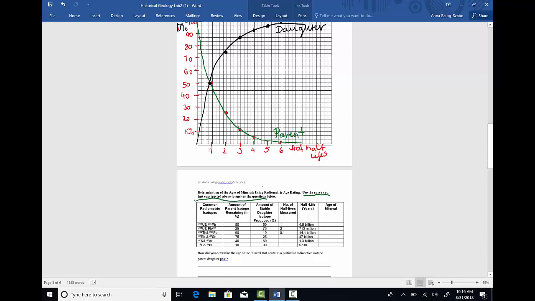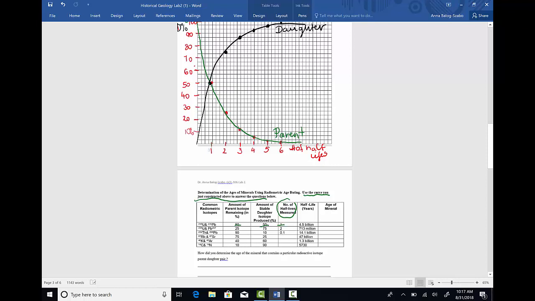The first one: if you have 50% of parents still remaining, and of course 50% daughter have been produced, what is the number of half-lives? We look at the 50% right here, and then we come down and you can see that it's at 1. So I put down the 1 right there.